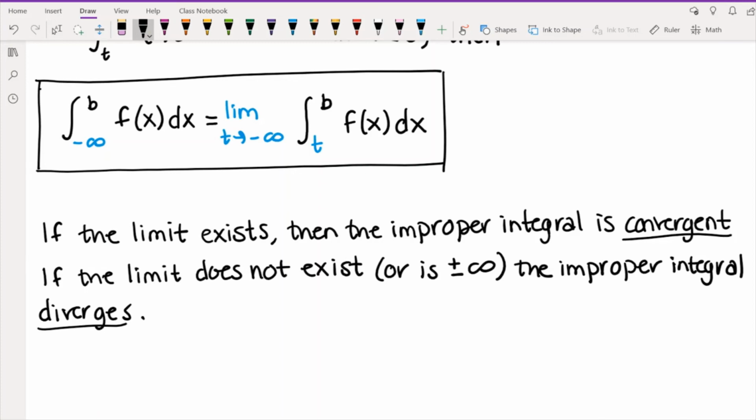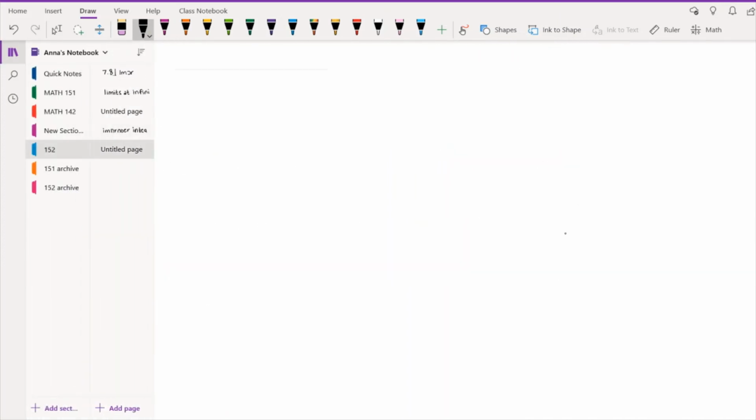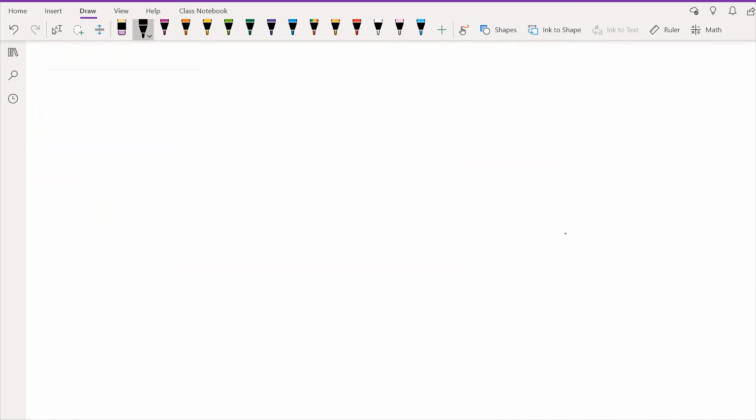Okay, so let's do a few examples. We already did 1 over x squared, and we did 1 over x. Now let's do one of the other kind of type, with negative infinity at the bottom and 0 at the top.